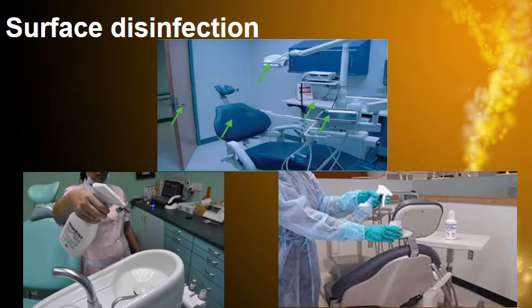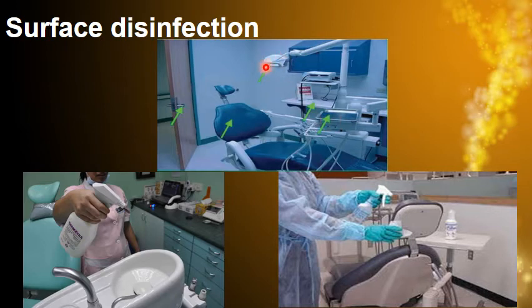Another thing for achieving aseptic technique or aseptic environment is surface disinfection. This is an important line of disinfection. What should I disinfect in my clinic? I should disinfect all the chair, the tray, the handle and the light, the counter that I use, even the doorknob.